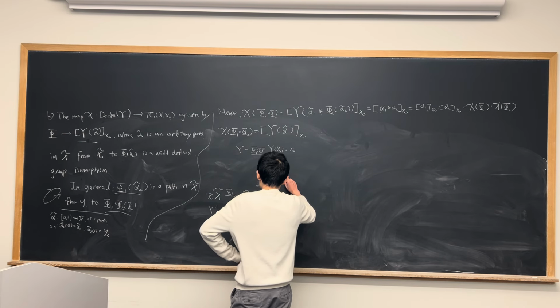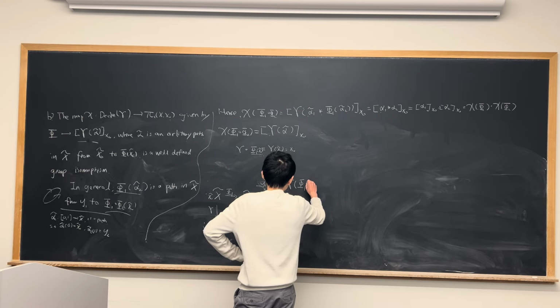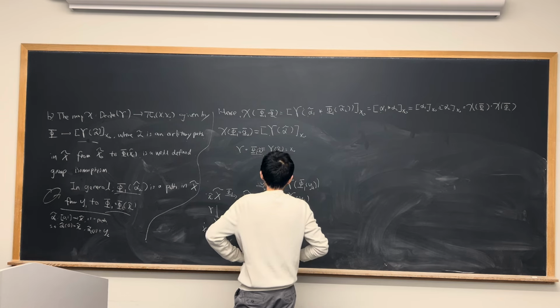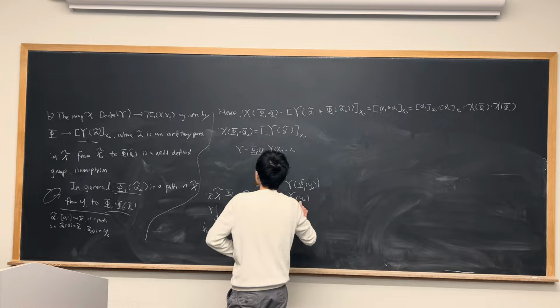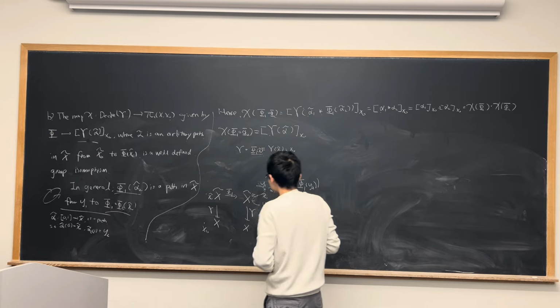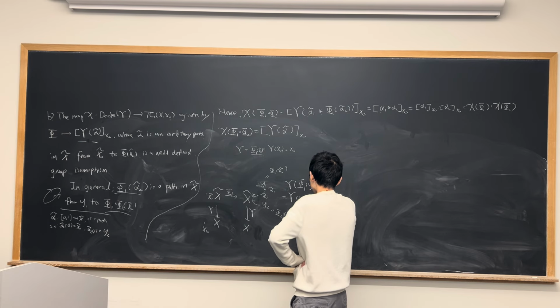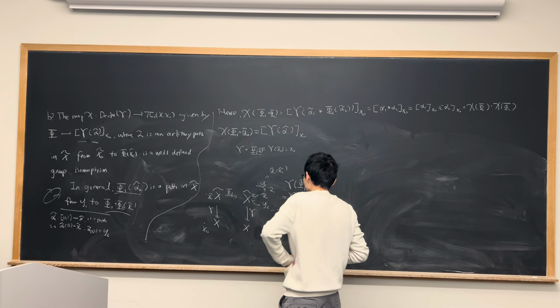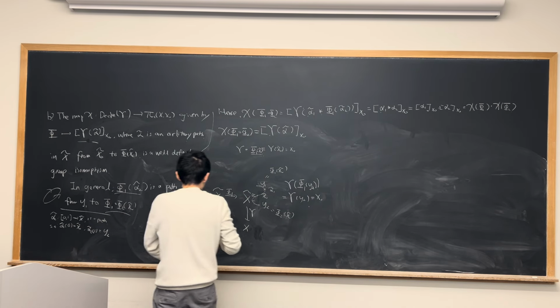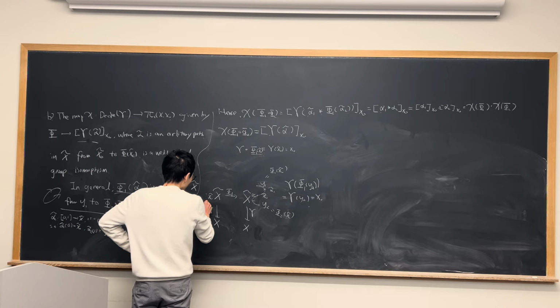If you compute the gamma of this phi 1 of this y2, then it's the same thing as gamma of y2, because y2, remember, is in the stock, so therefore it's equal to x naught.